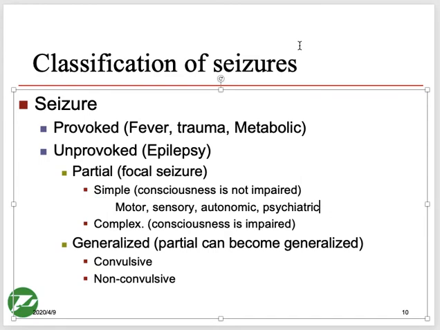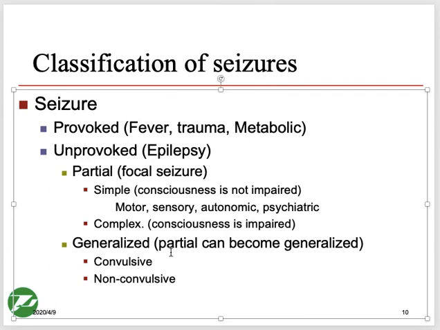Okay, so simple focal is the new one, partial is the old name. Simple focal motor seizure, what it means, there will be some motor manifestation you will see. Simple focal sensory type means what? Maybe the person will feel some abnormal sensation in some part of the body. Same thing with autonomic, okay, and like this.